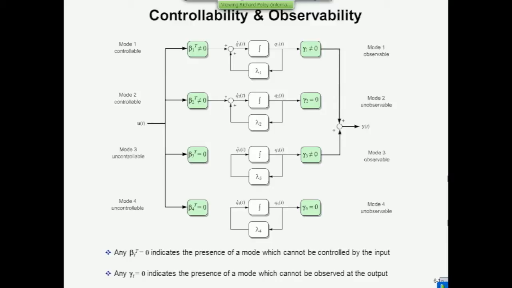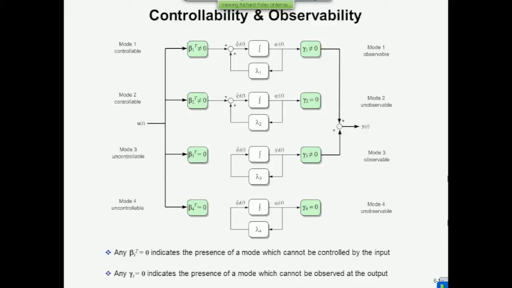And because that corresponding column of the CW matrix is non-zero, as this mode moves, it's somehow going to influence at least one of the outputs. So therefore, the motion of that mode is observable at the output. Mode 1 is said to be controllable and observable, and you can see it on this diagram because you know that the corresponding vectors, beta 1 and gamma 1, are non-zero.